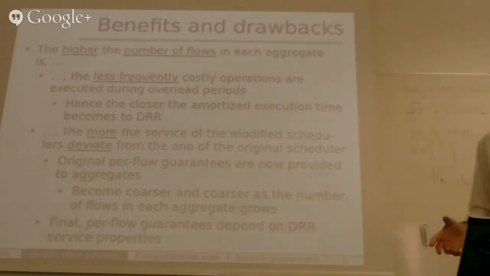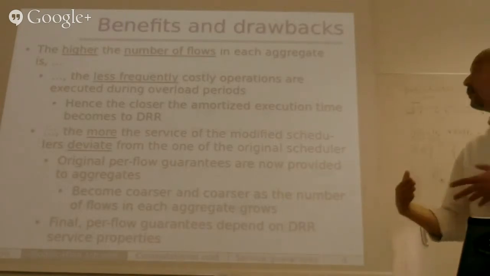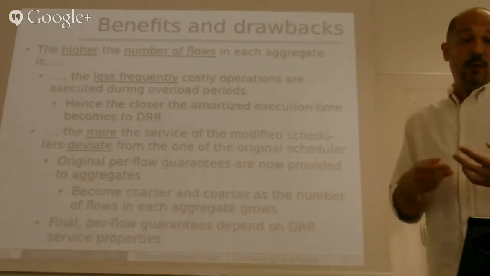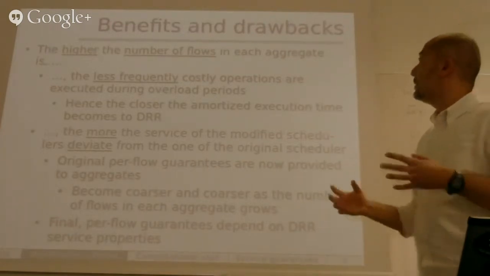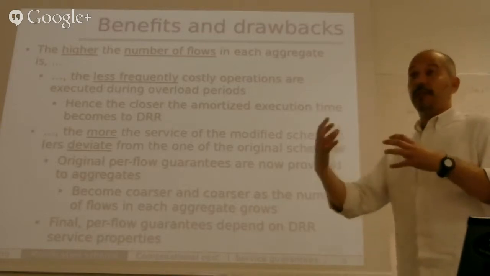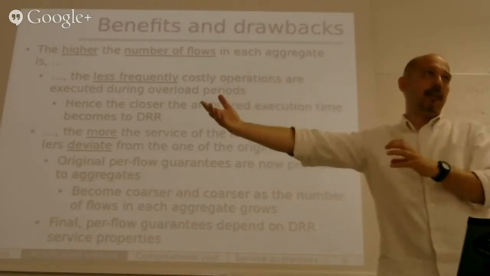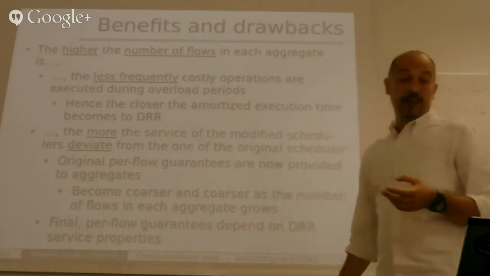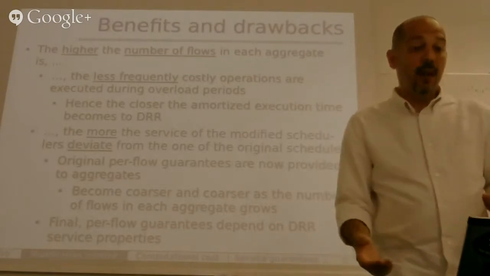Okay, so benefits and drawbacks of this modification. The higher the number of flows inside each aggregate, the longer each aggregate is served before deciding the next aggregate to serve. So the less frequently costly operations are executed. This is the benefit.